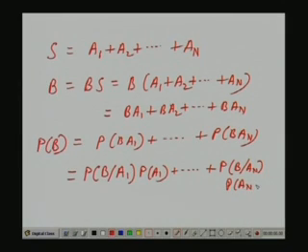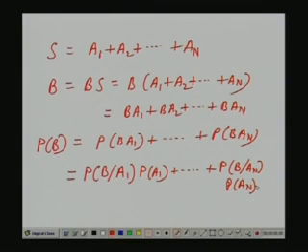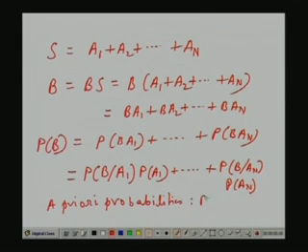Okay. That means, if we know the probabilities of these events A1 to An, which in statistics are called a priori probabilities, and if you know these conditional probabilities, that if A1 has occurred, what is the probability of B occurring, and likewise, then using this summation we can compute the total probability of occurrence of B. Okay, this is the total probability theorem.